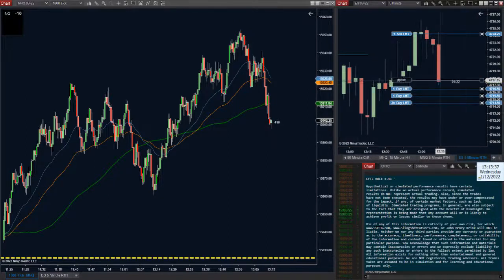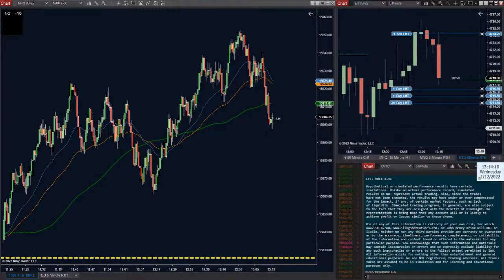Come on, ES. Well, still just kind of sitting. Every time it looks like it's going to slide down and grab it, it doesn't. It's made it down to 17.